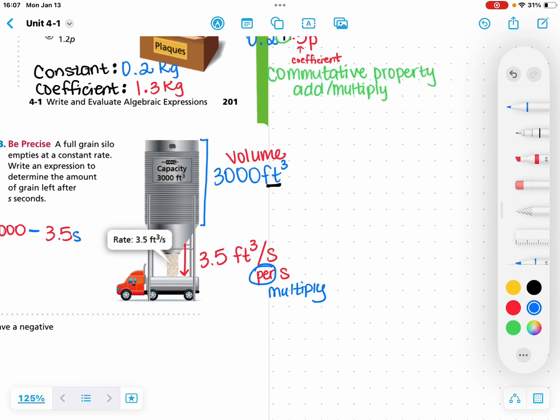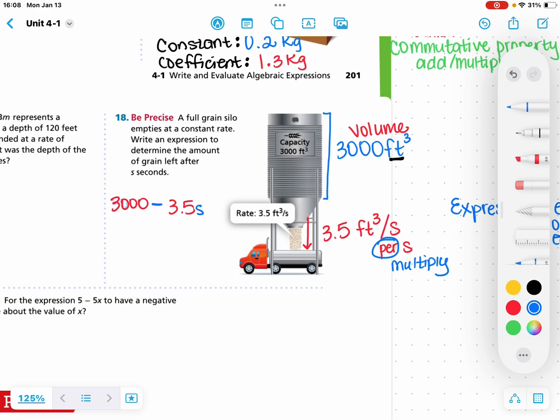Keep in mind, an expression is just an equation without an equal sign. There's nothing fancy to what an equation or what an expression is. It's just an equation without an equal sign. We don't know how many seconds it's been going. We just know to find the amount, we use that expression. And that's it.